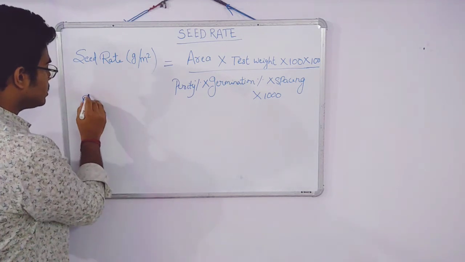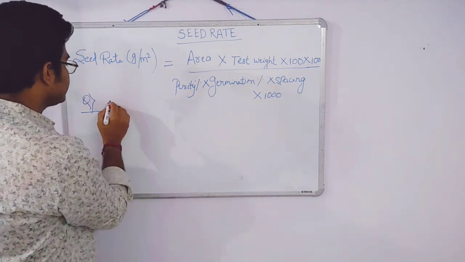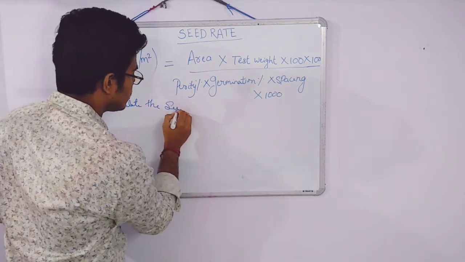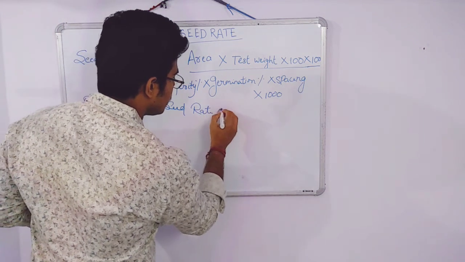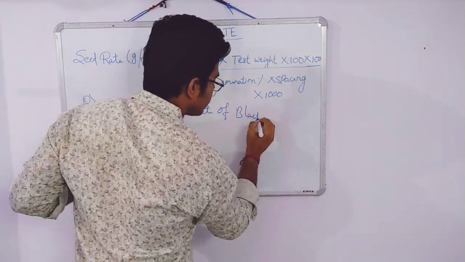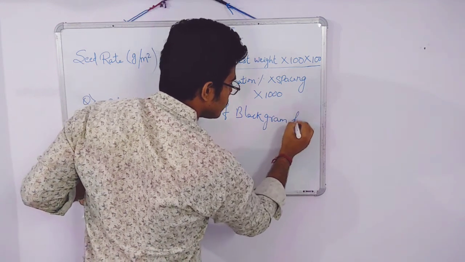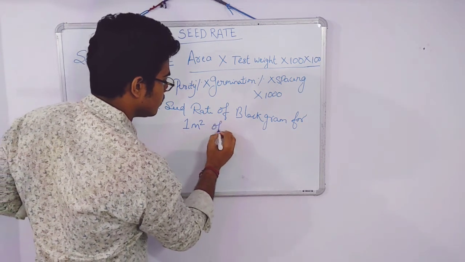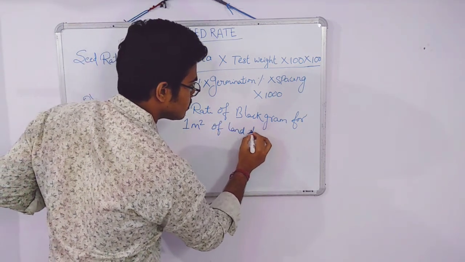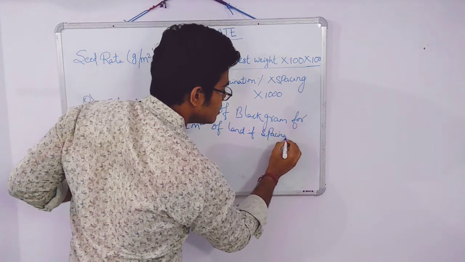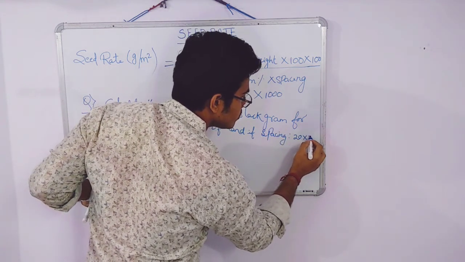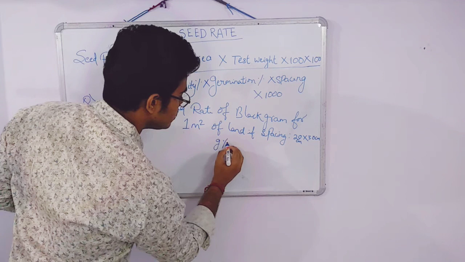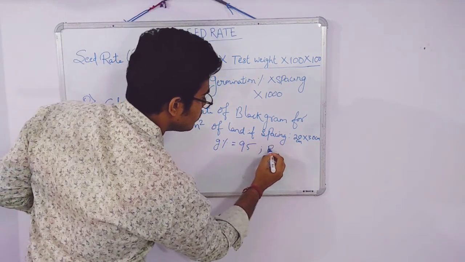If there is a question like: calculate the seed rate of black gram for 1 meter square of land, if spacing is 20 into 30 cm, germination percentage is 95, purity percentage is 90.